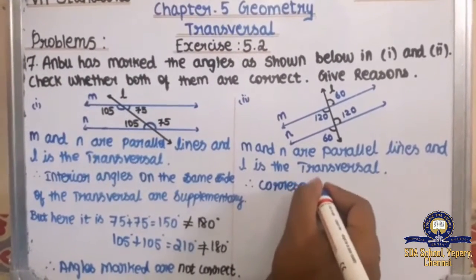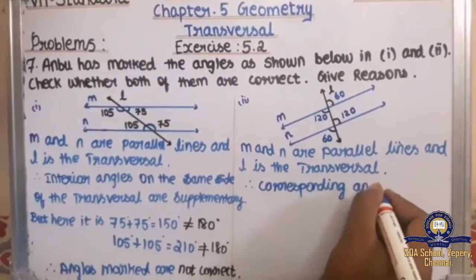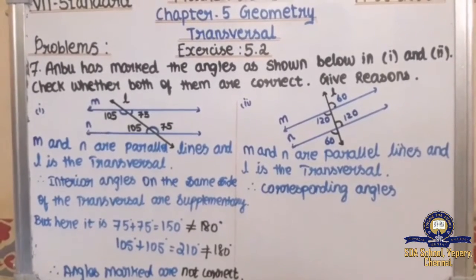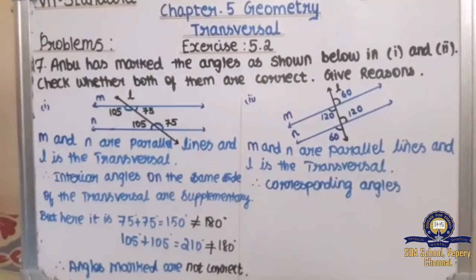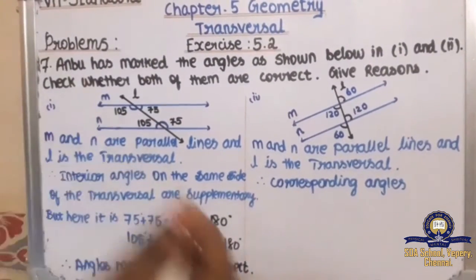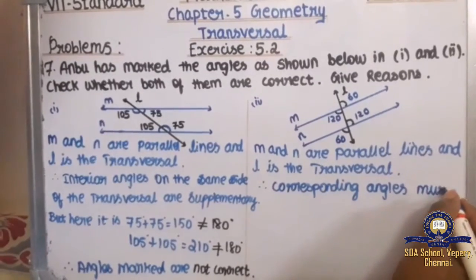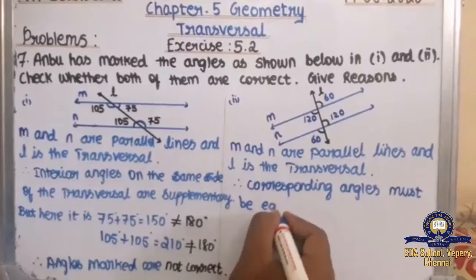Corresponding angles. From the definition, we can conclude that when two parallel lines are cut by a transversal, each pair of the corresponding angles are equal. Therefore, here corresponding angles must be equal.